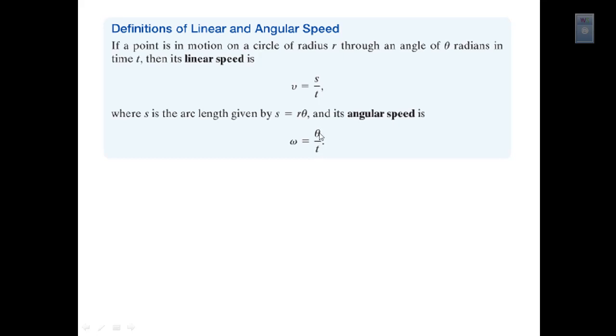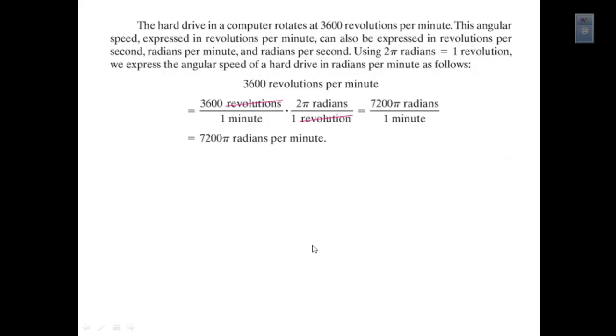How much angle you've gone through divided by how much time it took. So it's going to be a rate of angle per unit of time. That's what angular speed is. Linear speed is measurement divided by time. Here we're going to have degrees or radians per unit of time.